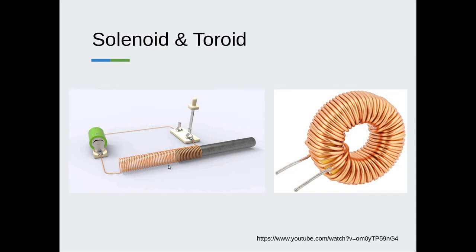But you can see here, this is the material that you insert into the solenoid. Usually we put ferromagnetic materials inside because they have a higher magnetic coefficient, and then you can create a stronger magnetic field from it. So that is how we apply solenoid.